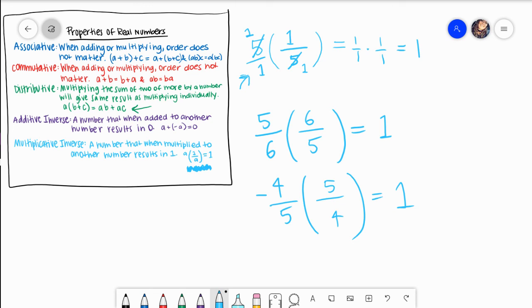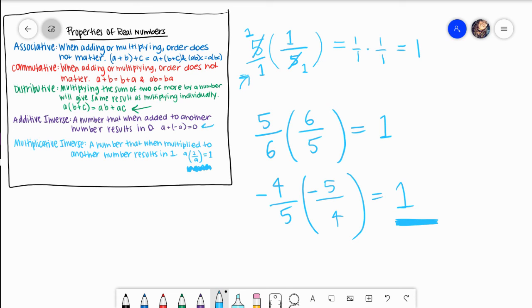If you multiply a negative times a positive, you don't get a positive 1. You get a negative 1. So in order for this to be a positive 1, these signs have to be the same. So not only do you use the reciprocal, you also have to make sure you use the same sign.